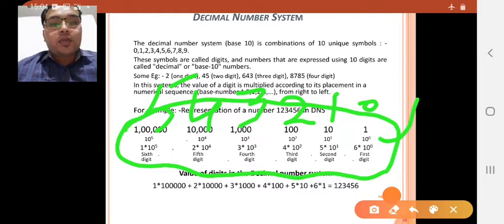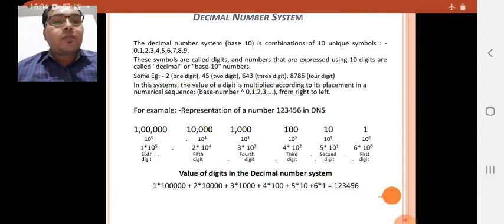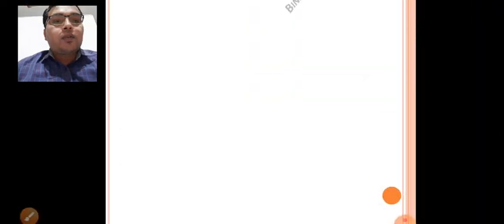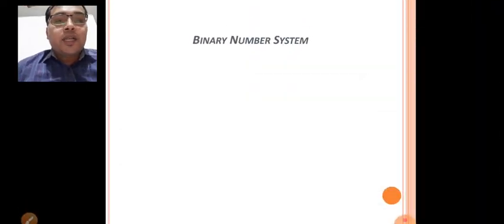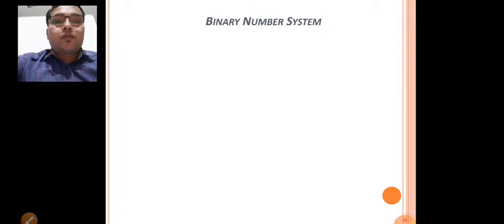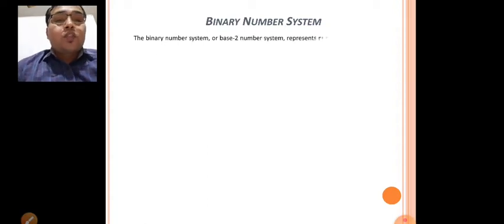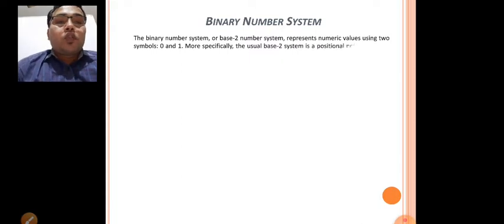So let us now discuss the next digital number system, and that is the binary number system. What is the binary number system? The binary number system, or base 2 number system, represents numeric values using two symbols, 0 and 1.